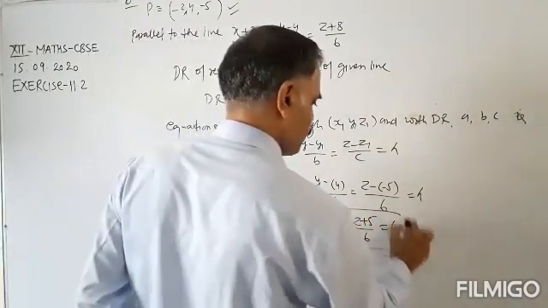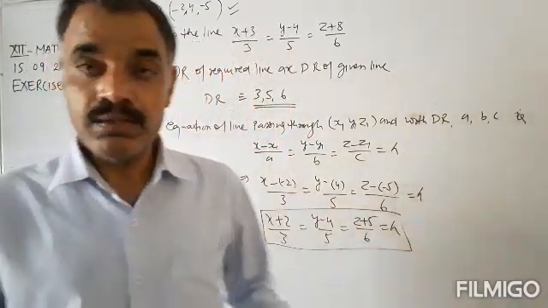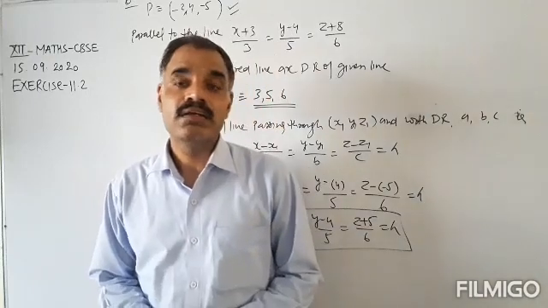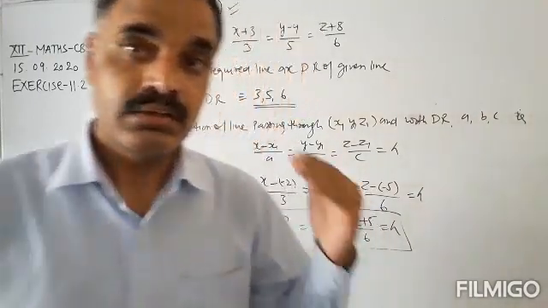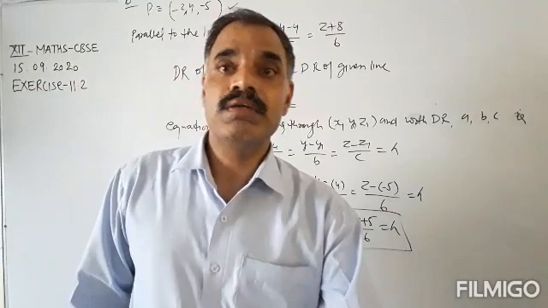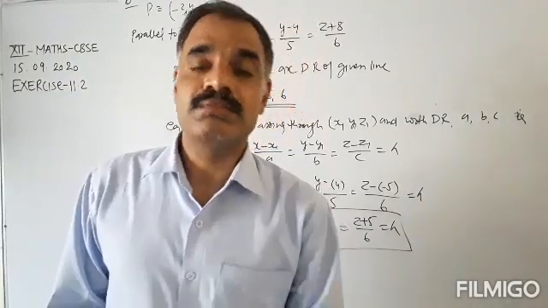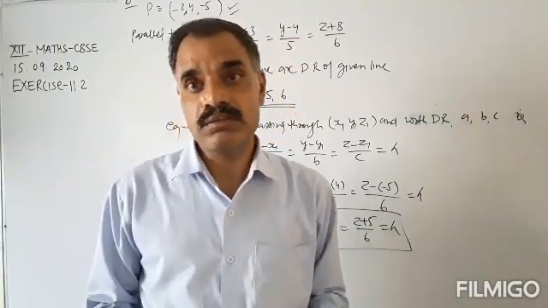This is the equation of line in Cartesian form, and we have to find it in Cartesian form only. So this was question number 6.